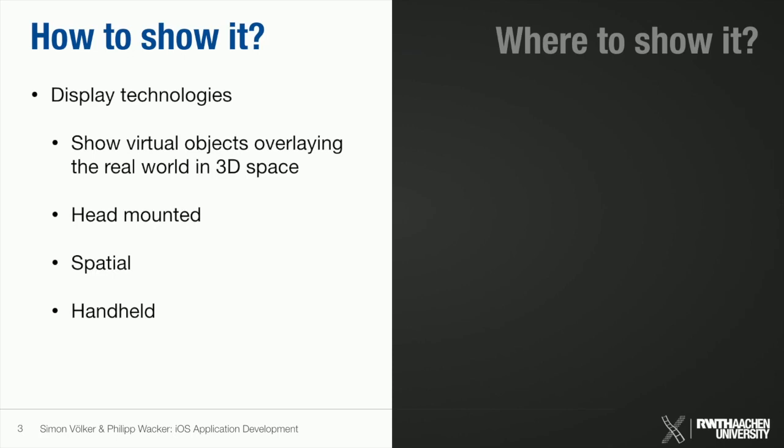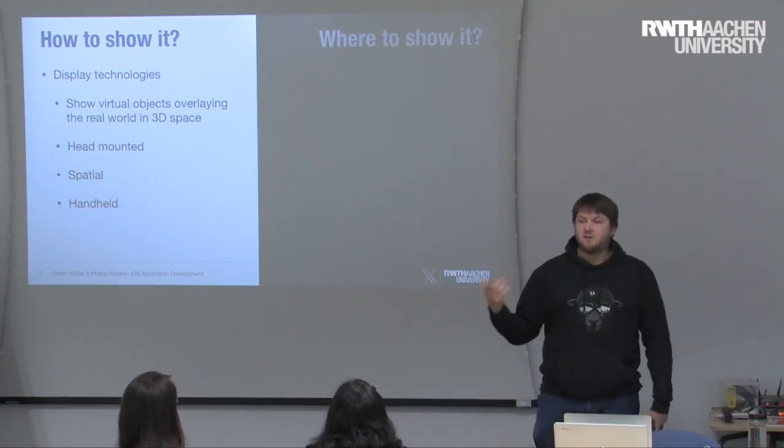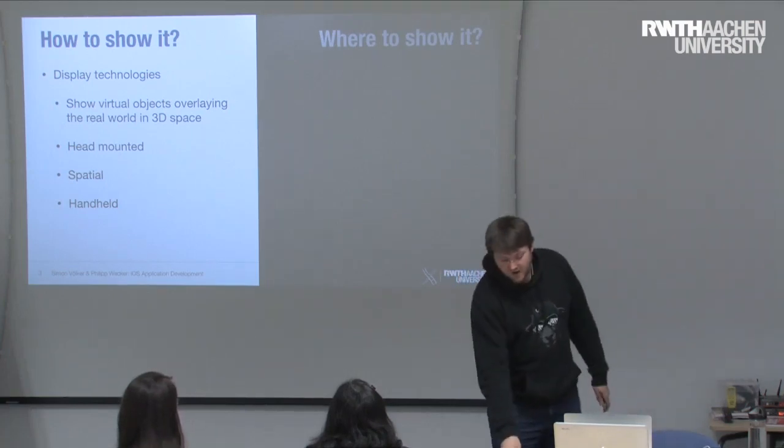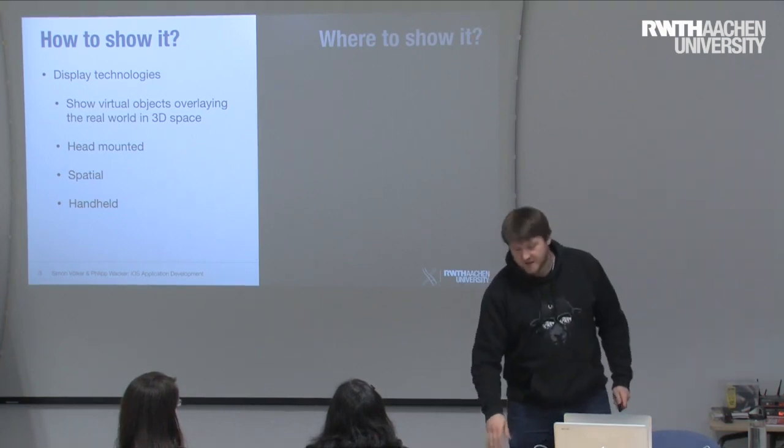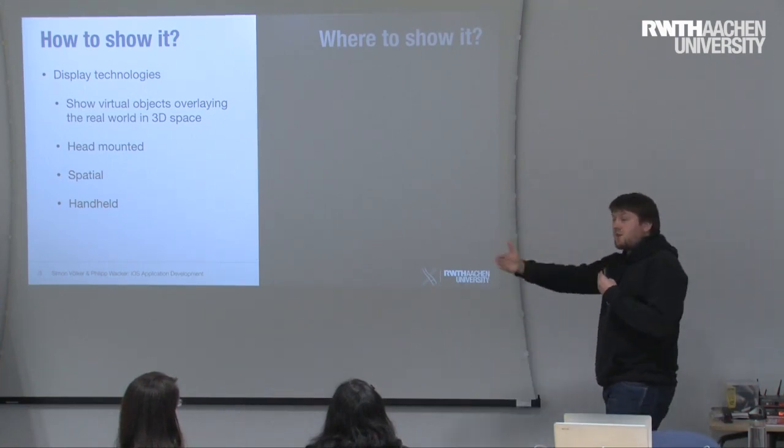They range from head-mounted displays, such as the HoloLens, over spatial projectors that project on the surfaces in your scene, or handheld ones. So that is where the iPhone and ARKit fall in, that you have your normal smartphone, and you can view digital information on that directly through your camera feed.